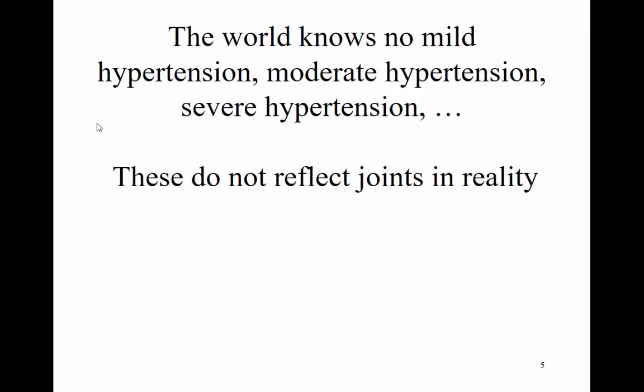Now, hypertension really does exist in reality, but it exists in reality in the same sort of way that centimeter exists in reality, because doctors found it convenient to create a threshold between those people whose blood pressure is normal and those people whose blood pressure is elevated. And it can be elevated a lot, and then they suffer from severe hypertension, or it can be elevated only somewhat, and then they suffer from moderate or mild hypertension.